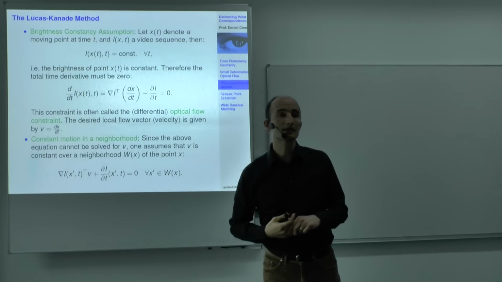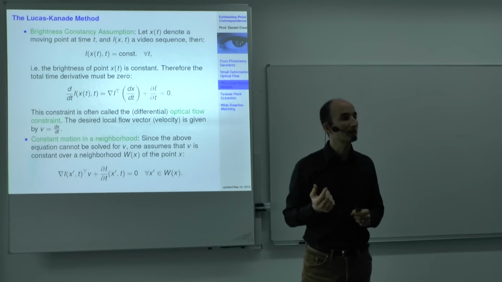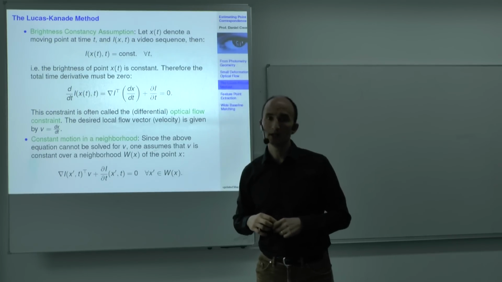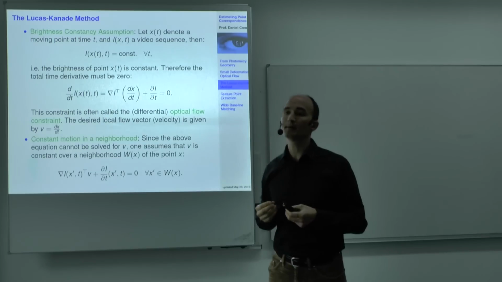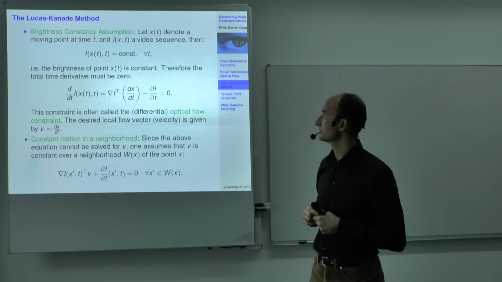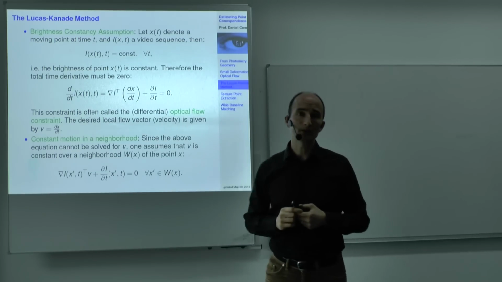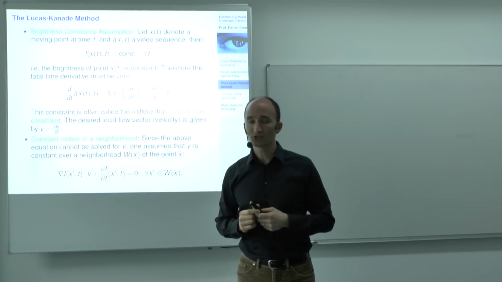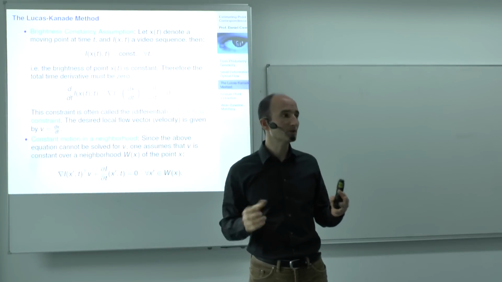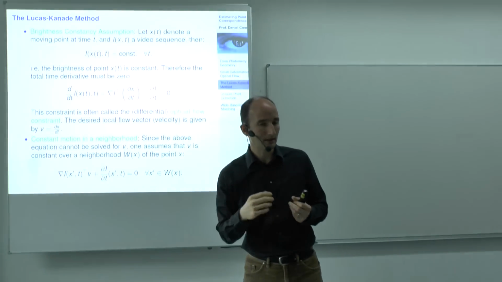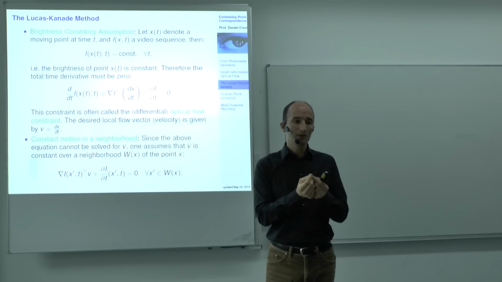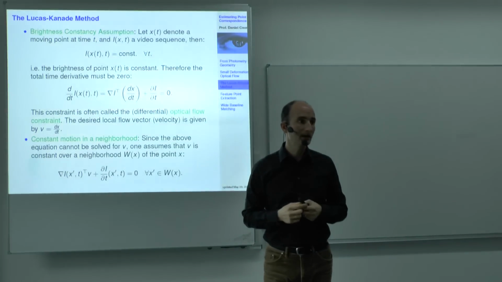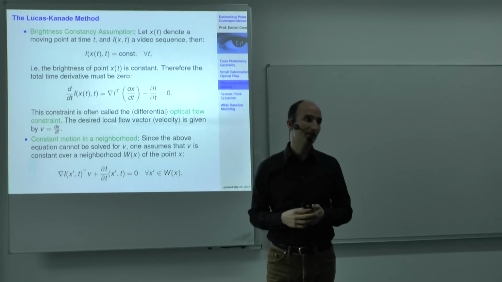Here's the key assumption, and in fact these two methods of Lucas-Kanade and Horn and Schunck are not so different in the end. They have the same kinds of assumptions more or less. And clearly you have to make assumptions. I mentioned that last time. If you don't make any assumptions from one image to the next, let's say you allow objects to change their color at any given moment, then you will never find correspondence, right?